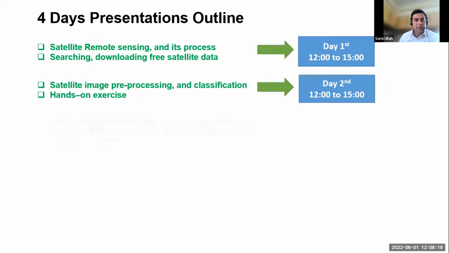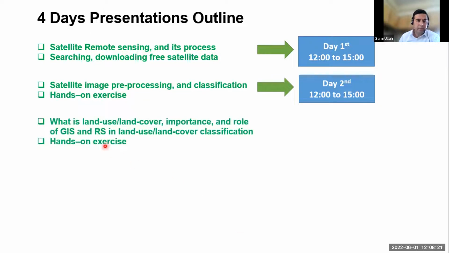And then on the third day, we will cover what land use, land cover is, its importance, and the role of GIS and remote sensing in land use, land cover classification. This will be our third day.